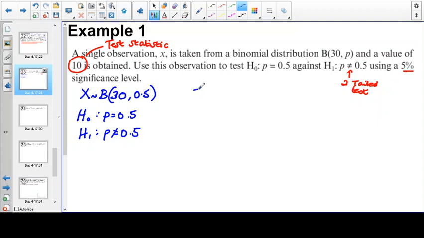We're doing a 5% significance level and it is two-tailed. Let's work out our expected outcome. Expected outcome is number of trials times probability of success, which in this case is going to be 15.